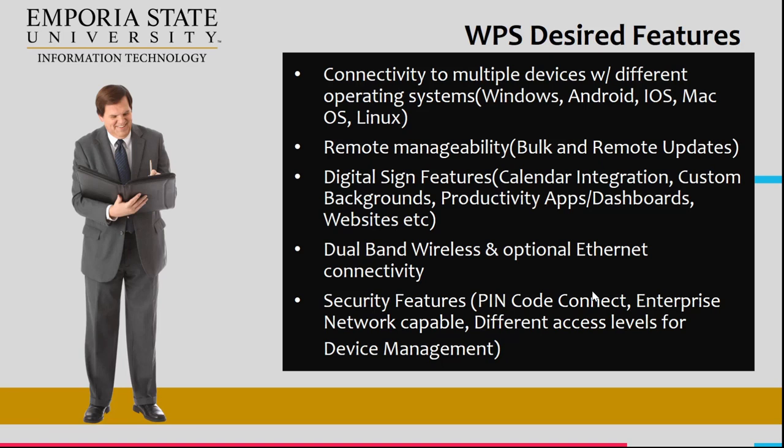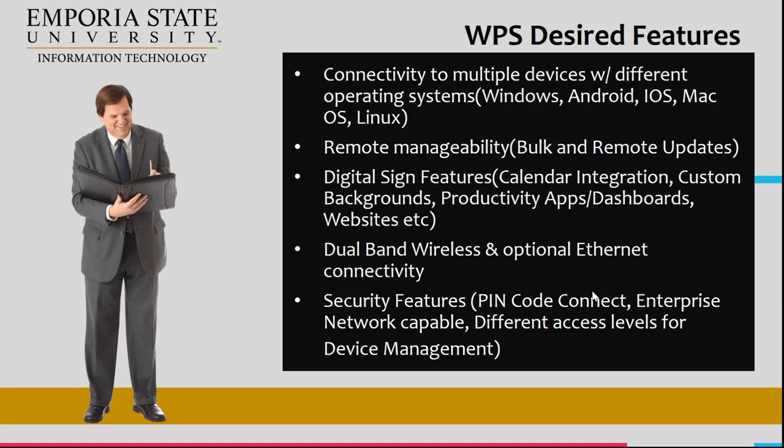And the wireless presentation systems often have the capacity to connect to devices that use one or more of these operating systems. We generally feel the more operating systems that the wireless presentation system can connect to and communicate with, the better, and the more flexible your space is going to be.